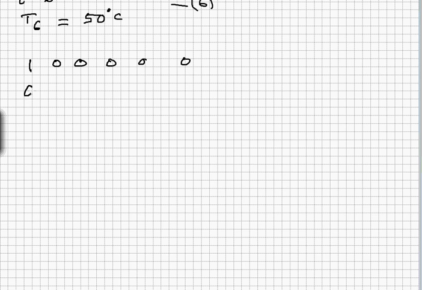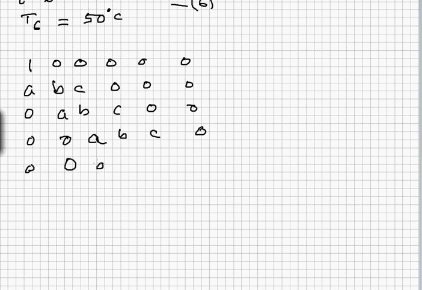And then rows of A, B, C, 0, 0, 0, and 0, A, B, C, 0, 0, and so on, down to B, C in the fifth equation, and my last equation is 0, 0, 0, 0.